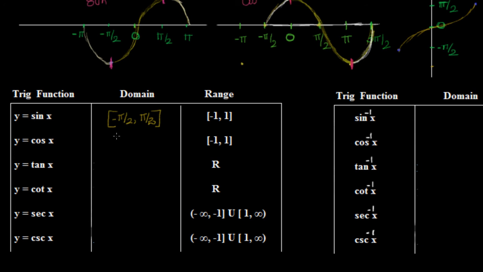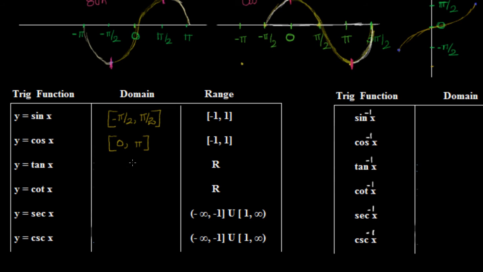Now similarly, what is the domain of cos? Cos is R, but we want to restrict it to 0 to pi, so that I can have the inverse function. Similarly, tan. Tan is sine by cos. Now what will be the domain of tan?